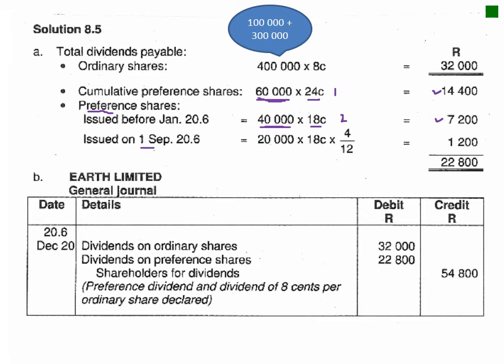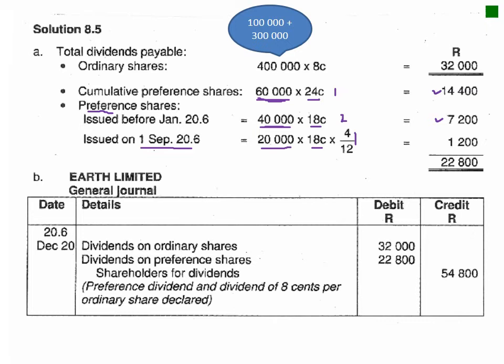For the shares that were issued on the 1st of September, there were 20,000 preference shares issued at that date. They each get a dividend of 18 cents. But for the preference shares, we are going to apportion the dividend because these shares were only held from the 1st of September to the 20th of December, which is roughly 4 months.